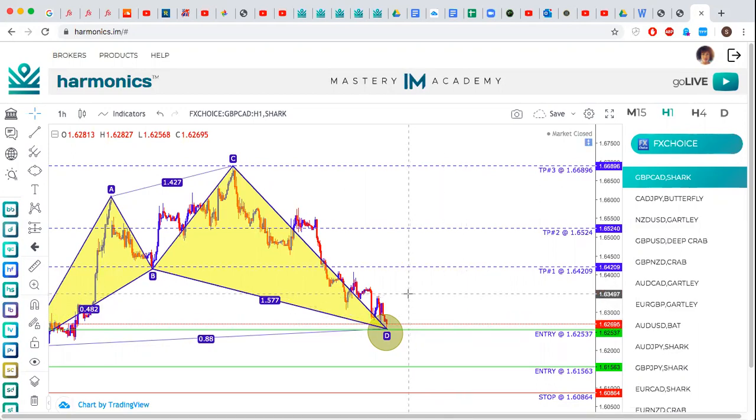Otherwise, especially when you're a beginner, I would literally take the numbers as they are in there. When you further advance, as I said, you can add strategies that are taught in Go Live in the Harmonic section. But that's what I love about the scanner.